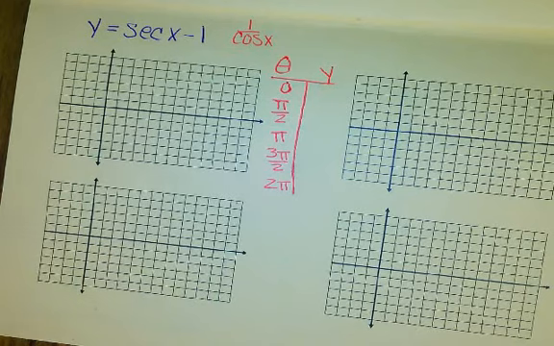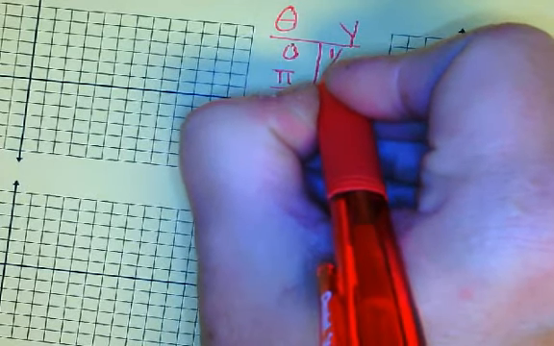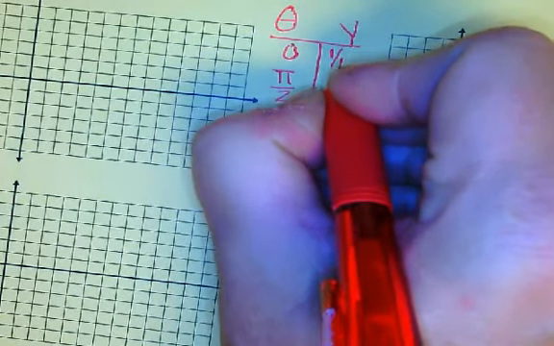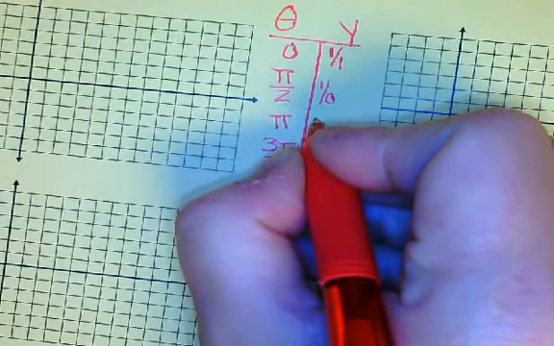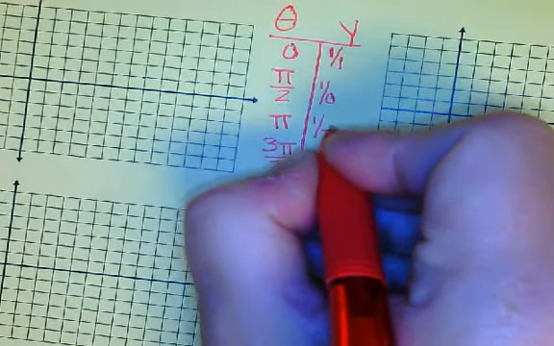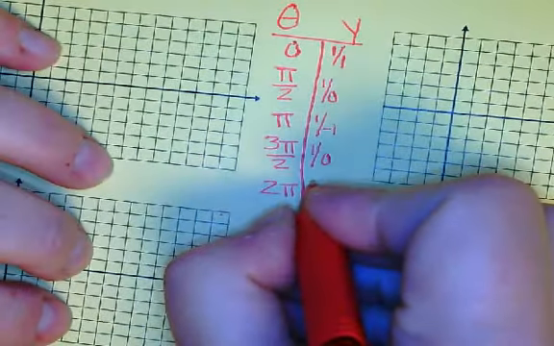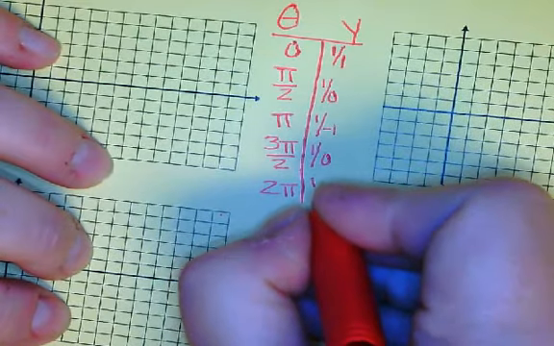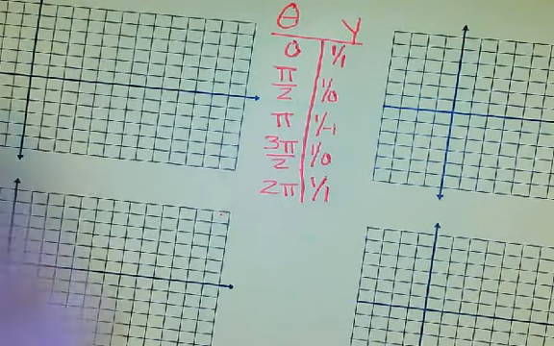And then remember, it's 1 over cosine. So 1 over 1, 1 over 0, 1 over -1, 1 over 0, and 1 over 1. Okay, then I have to subtract 1.